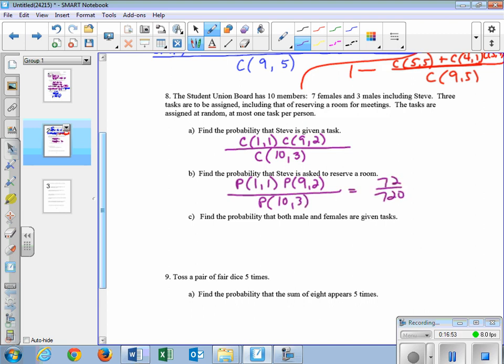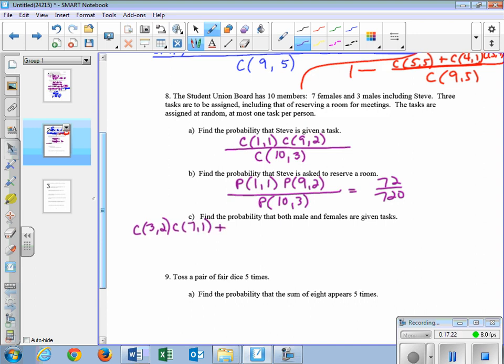Okay. Part C. Find the probability that both males and females are given a task. Okay, so there's a couple ways you can do that. I'll put them both up here. I can look at that since I just have 3 people. It doesn't matter, I'm just picking the people to be given the task, so combinations. 3 choose 2 males and 1 female, so that would be a combination 7 choose 1.